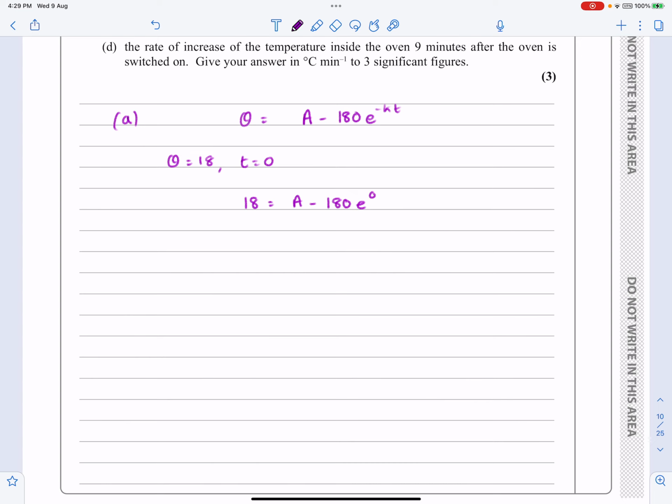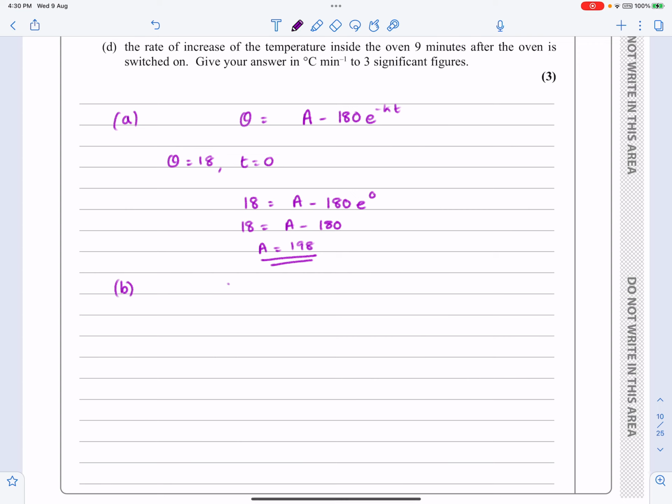And obviously we know anything to the power of 0 is 1. So that's 18 equals A minus 180 times 1. So from that we get that A simply works out to be equal to 198. So that's the answer to part a.